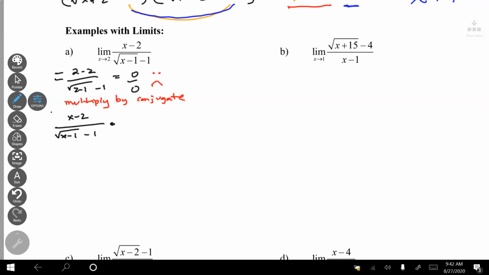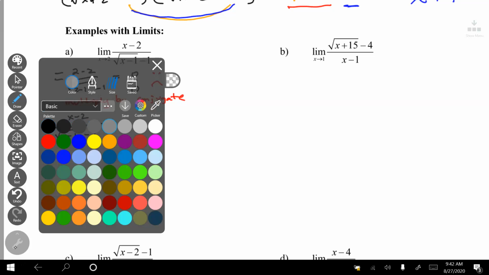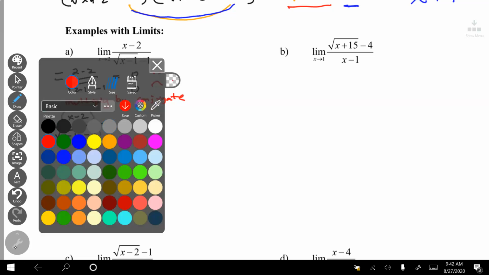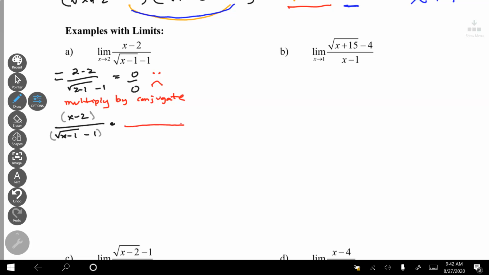I'm going to put parentheses around things. I'm going to use a lighter color for parentheses. And then I'm going to get this conjugate fraction, because really, when you multiply by the conjugate, you are changing the value of something. The conjugate for this is going to be the square root of x minus 1 plus 1. We saw on the previous day that sometimes we manipulate things by multiplying through by this fraction.